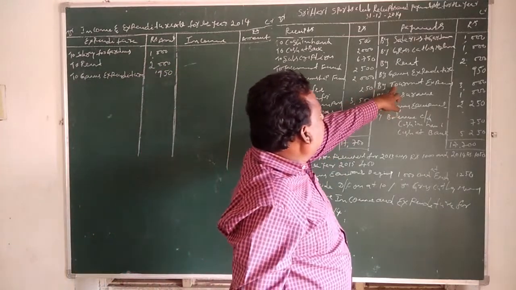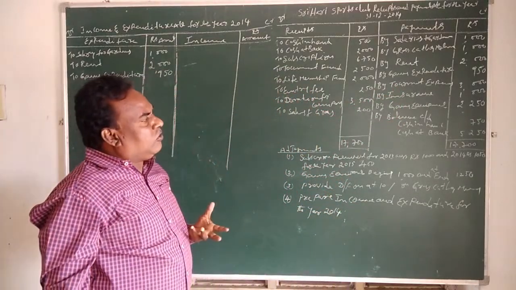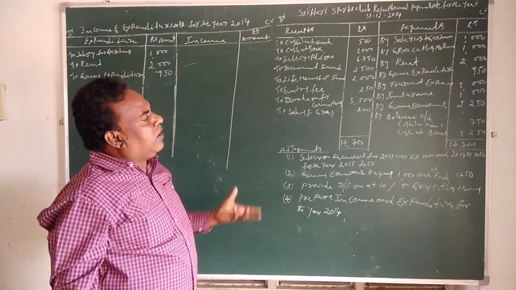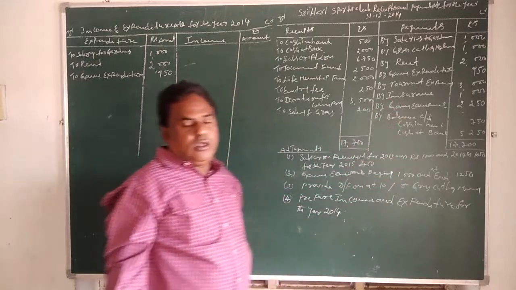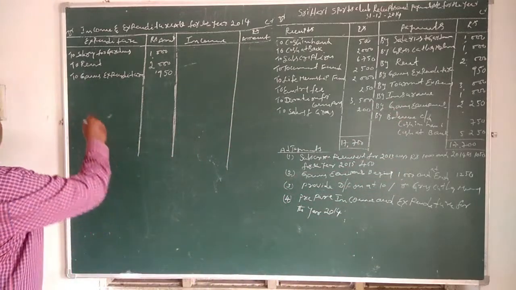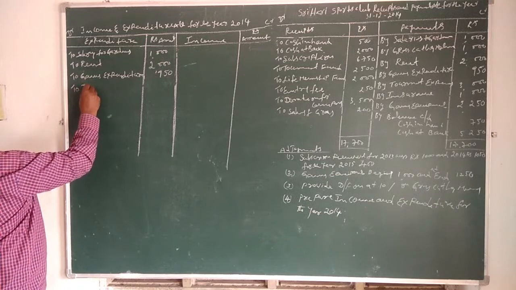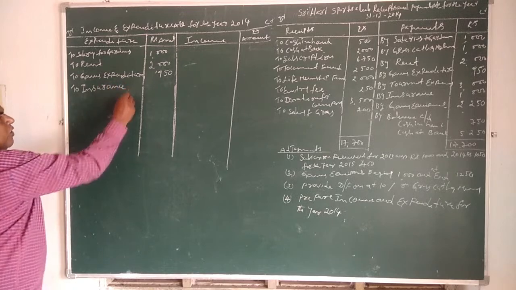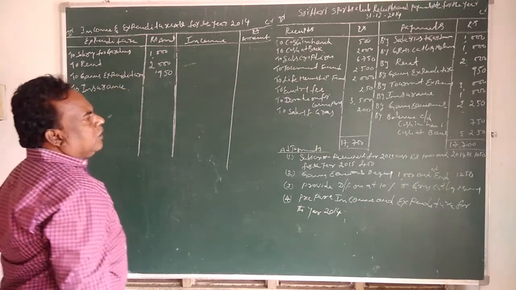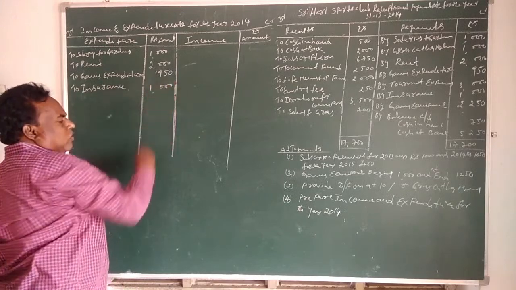Next, tournament expenses are not taken into consideration. Tournament expenses are recorded in the balance sheet of the non-profit organization. Then, to insurance 1000. There are no adjustments regarding the insurance.